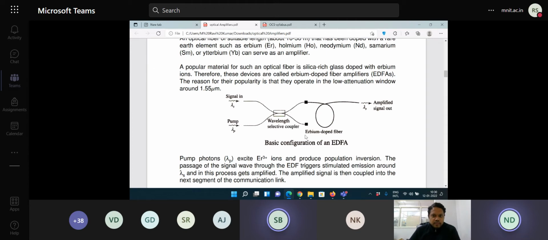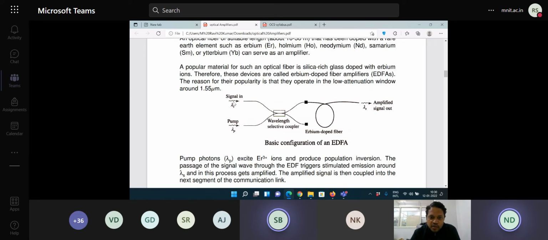Yes, sir. So apart from this optical input, there's also another optical input which is known as the pump signal. What this erbium doped fiber amplifier does is it transfers the power of this pump signal onto this optical input.